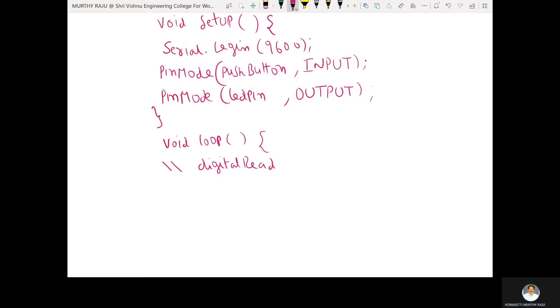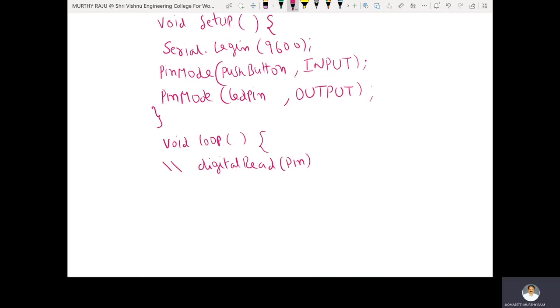Digital read bracket pin number. Read the value from a specific digital pin, either high or low, because the 5th pin is the digital pin. That pin is applied to the push button. By using this one, we have to write the program.